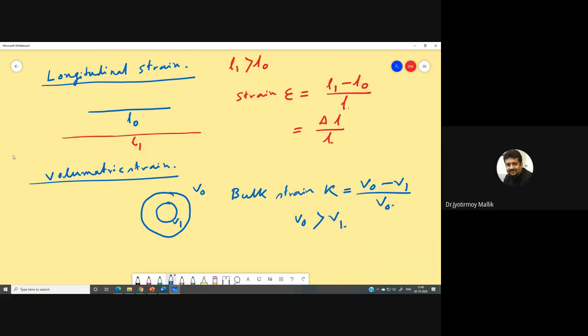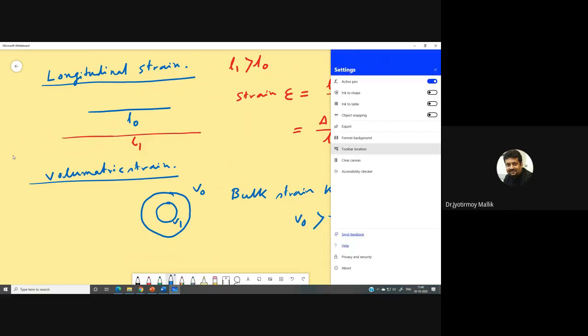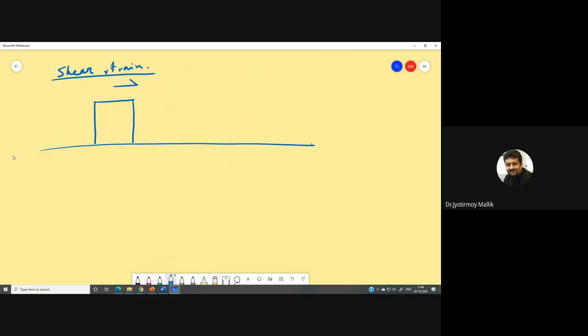Then the third category is, of course, shear strain. Let us consider a square or a rectangle, and then let us say we subject it to some shear stress. This is how shear stress is actually denoted.